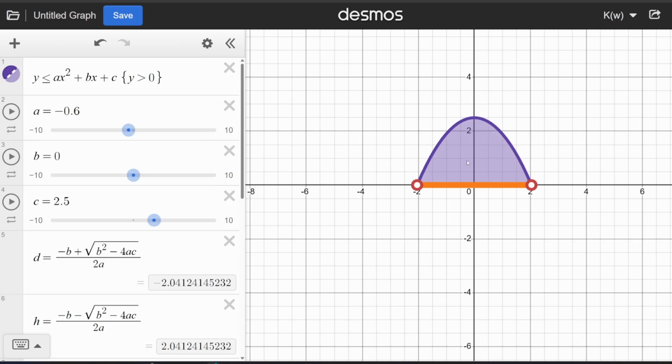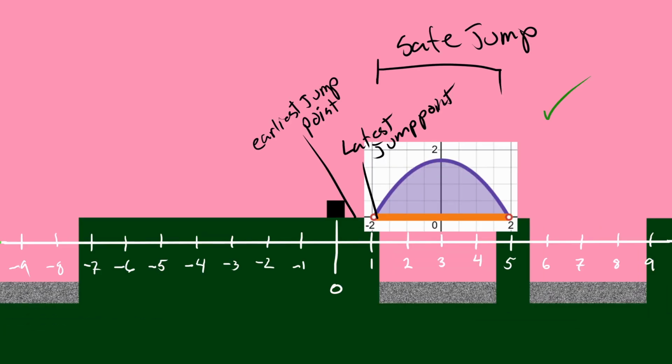Everything in the shaded area is a safe zone, somewhere that we can jump to accurately within the game. Anything outside of that is a danger zone, somewhere that is impossible for us to reach. Now that we've run the numbers, we can apply this anywhere that we're about to jump to see if we're going to run into some danger.